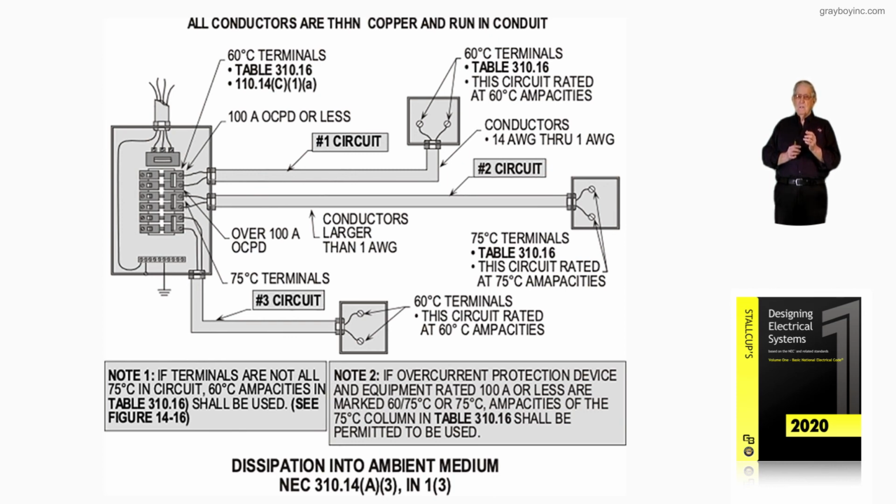We would use 110.14(C)(1)(b) where the overcurrent devices are rated over 100 amp.